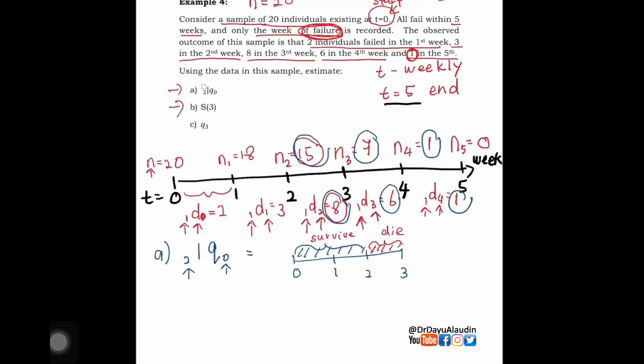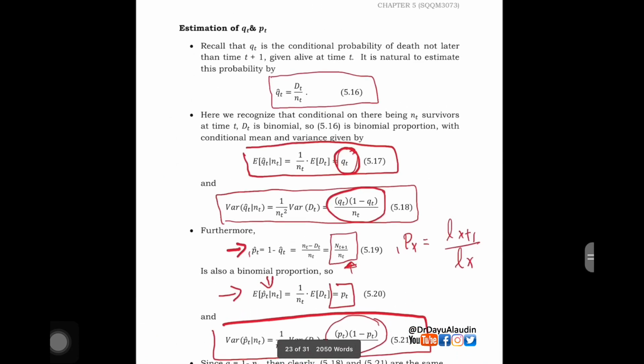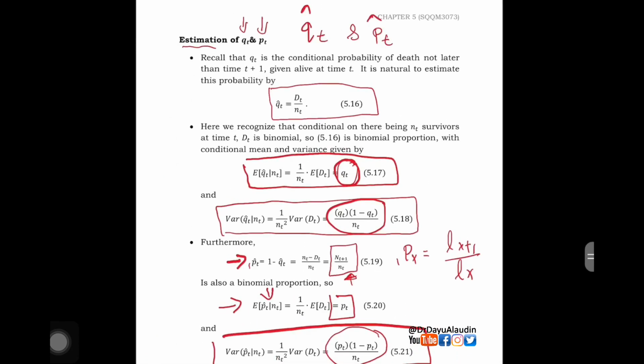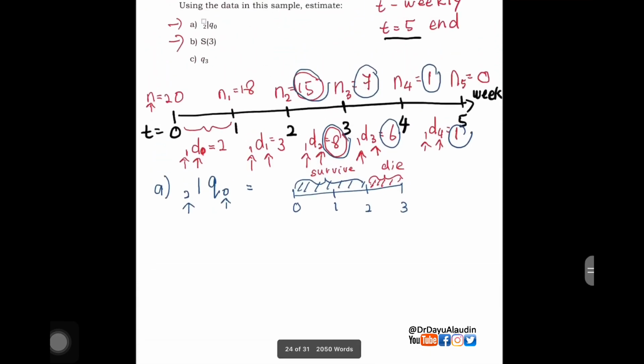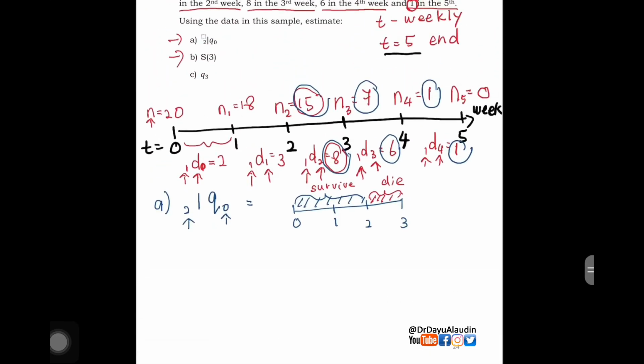So which formula do you have to use? If we refer back, Qt is equal to dt over nt. So this is the formula we use with big D. However, in actual study we use small dt, but it is the same thing. If you write down big D, I also accept that one. So d2 over n2.